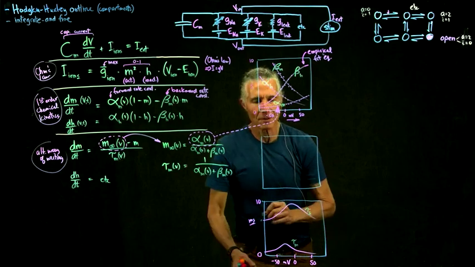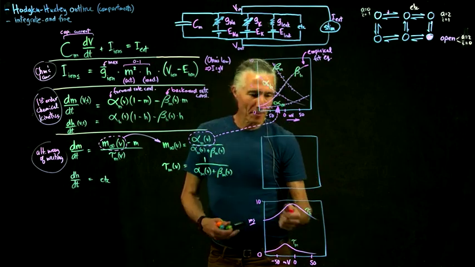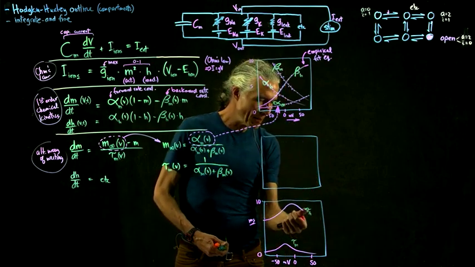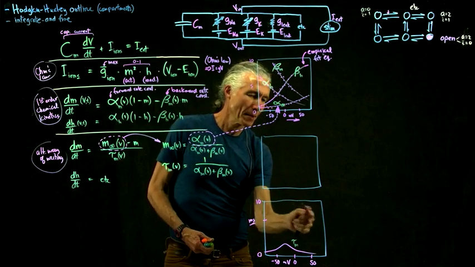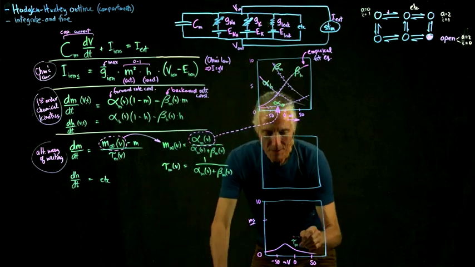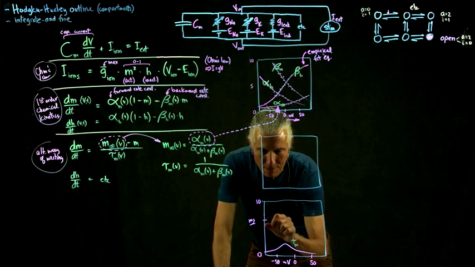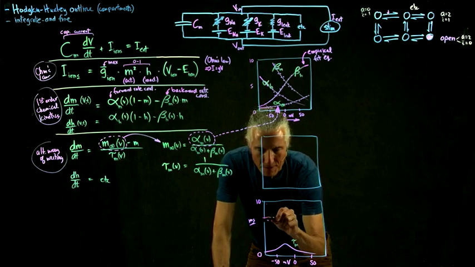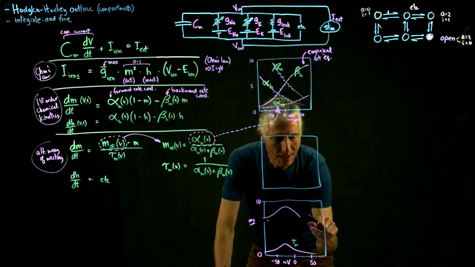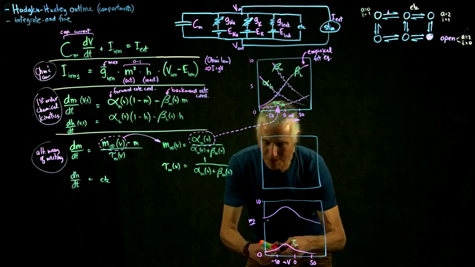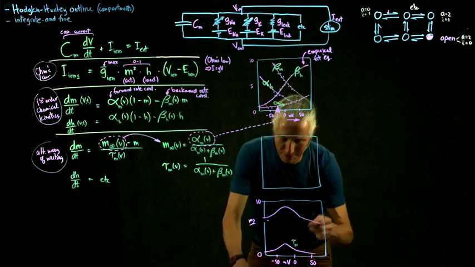That one's faster. But it's kind of complicated because you can see that the time constant itself is changing, depending on what the voltage is. Depending on whatever the present membrane potential is, the speed at which the channel opens is going to be different.